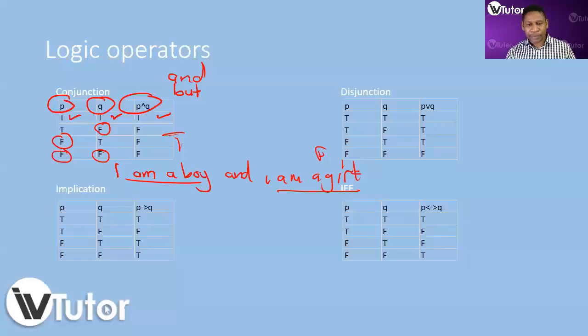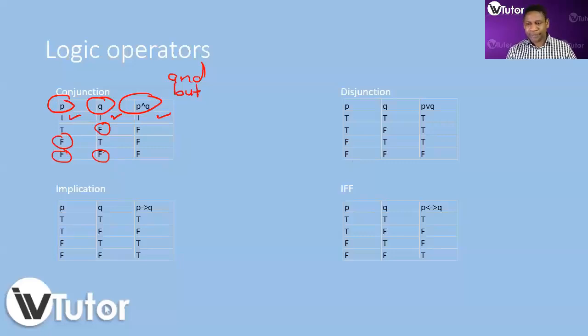Now we can look at disjunction. Disjunction is the common "or" that we talk about, some say "either, or."